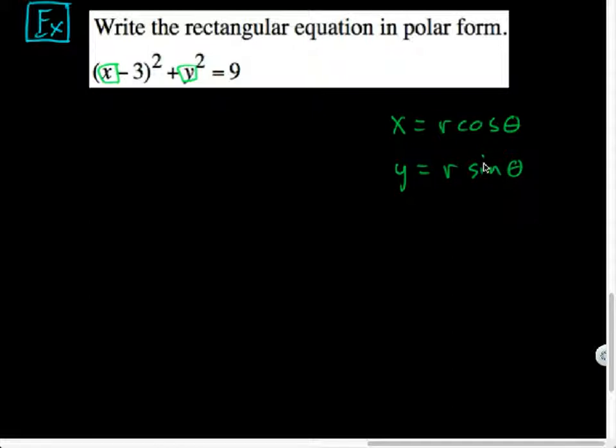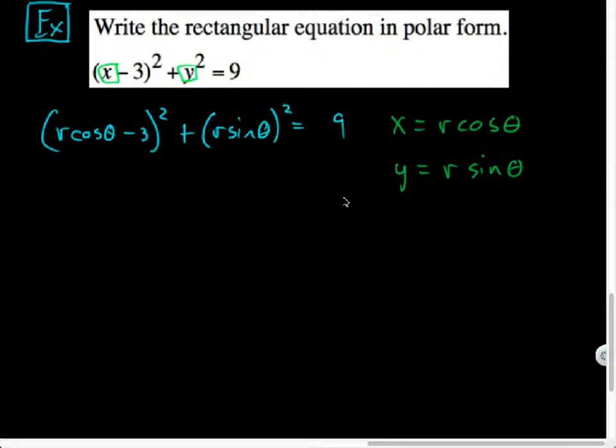That's the beginning of the lesson. So my first move is to substitute for those: (r cos theta - 3) all squared plus (r sine theta) all squared equals 9.